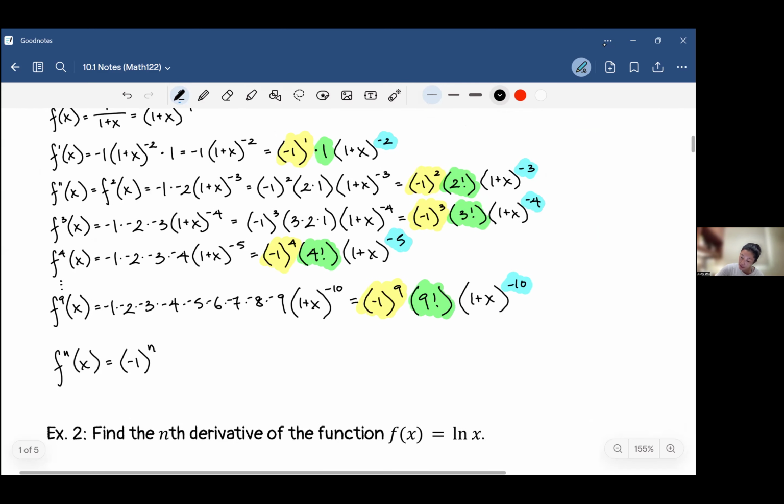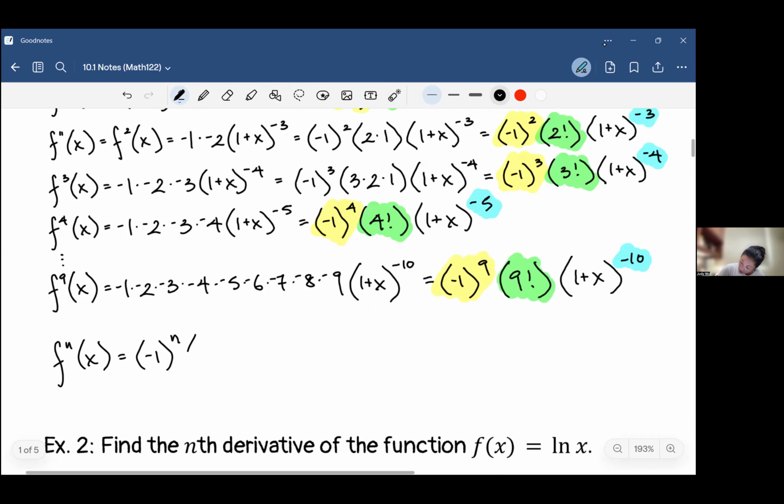And I know that because for the ninth derivative, I pulled out 9 copies of -1, whereas for the second derivative, I only pulled out 2 copies. So -1 to the n. Then I have n factorial because for the ninth derivative, I had 9 factorial. For the fourth derivative, I had 4 factorial, and so on and so forth.